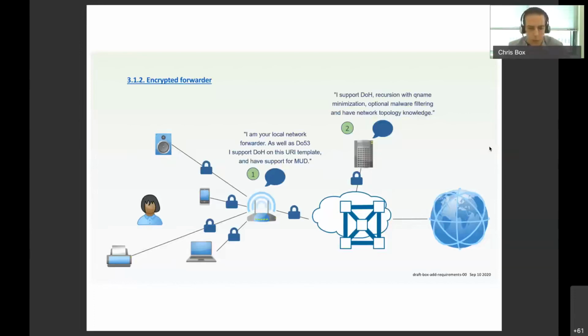Because it's close to the devices, you then have the possibility of checking the network traffic against that manufacturer usage description. And when one of these devices gets compromised, it could then potentially spot that and notify the user.